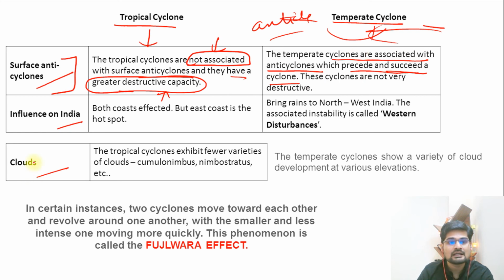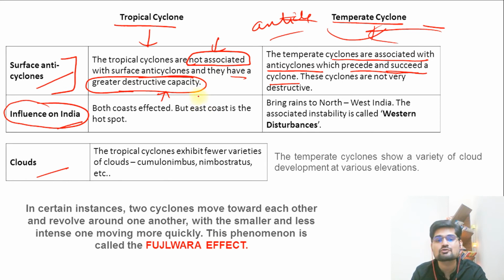So this is important. Now if you look into this Indian context, tropical cyclone, obviously India lies majorly in tropics and subtropics, so the entire coastline of India is heavily affected. Specifically, the eastern coast is a hot spot. The Bay of Bengal is the hot spot as we see, right? But what about temperate cyclone?